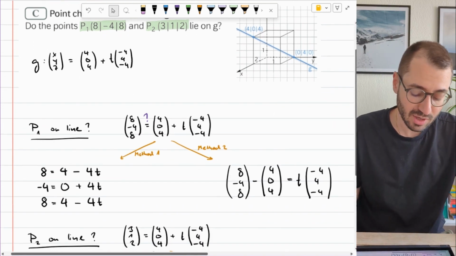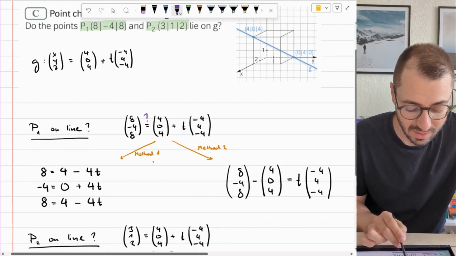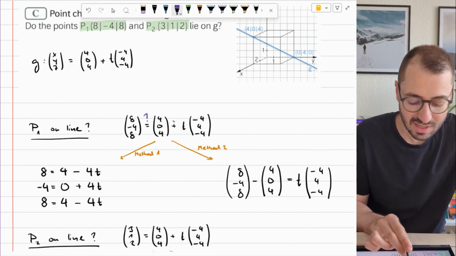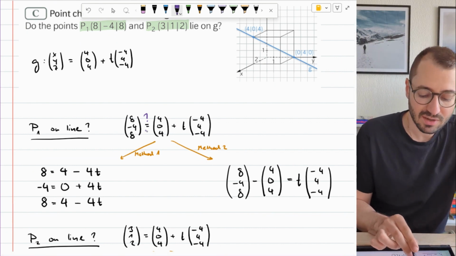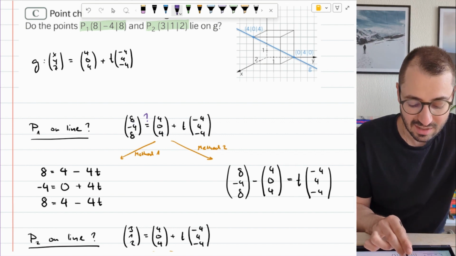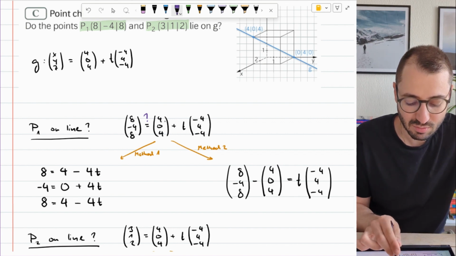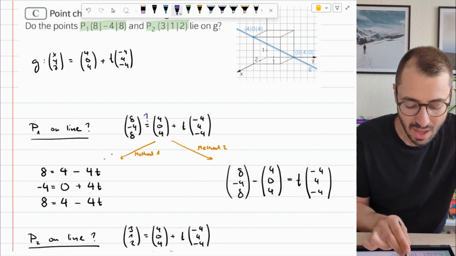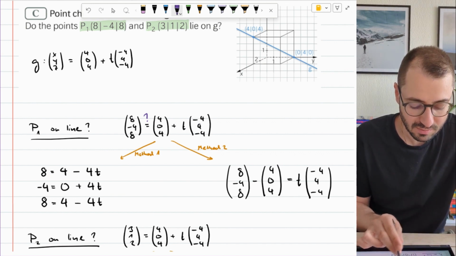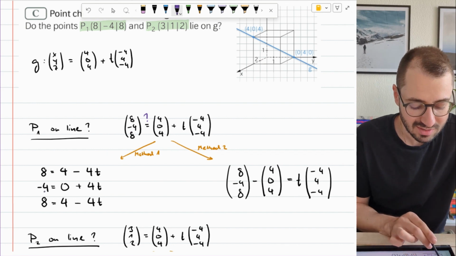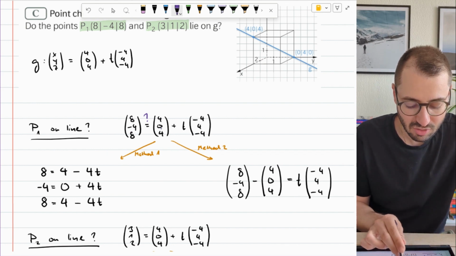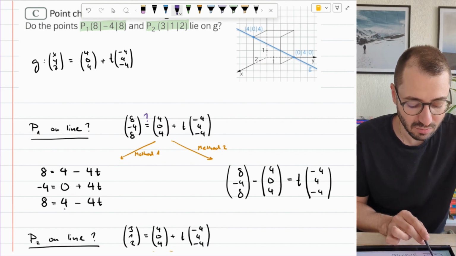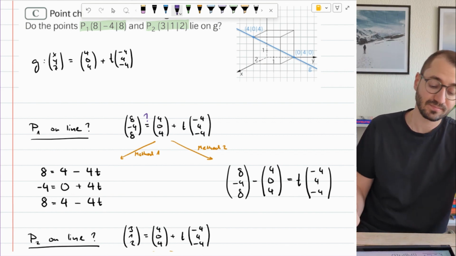Now, there are two ways you can approach this. The first method is, you get 3 equations by looking at this up here. The first equation, in the x component: 8 needs to be equal to 4 minus 4t. The y component needs to be -4 equal to 0 plus 4t, and the last one is 8 equal to 4 minus 4t.